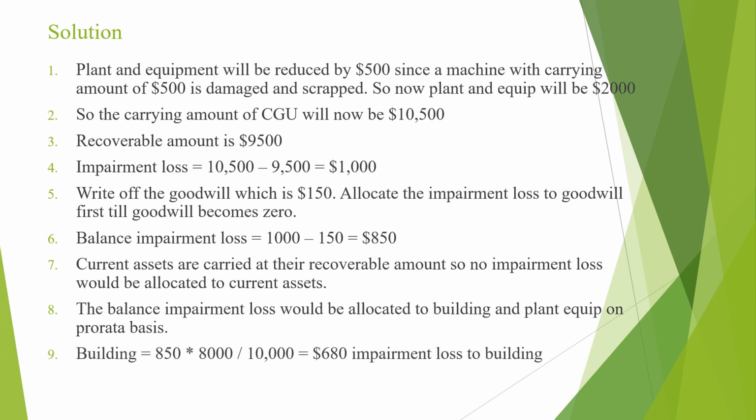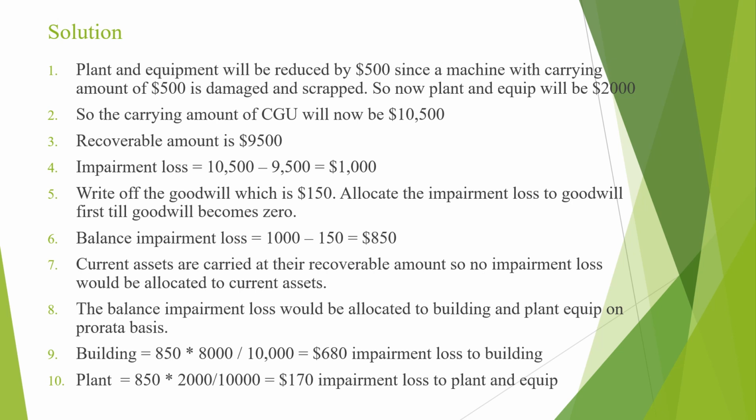So 850 in the proportion of 8:2, 680 will be the impairment loss allocated to the building, and the value of the building will now become 8,000 minus 680, which would be 7,320. And the impairment loss allocated to the plant is 850 into 2 by 10, so 170. So the impairment loss allocated to plant and equipment would be 170.